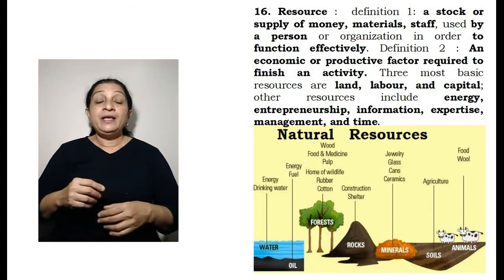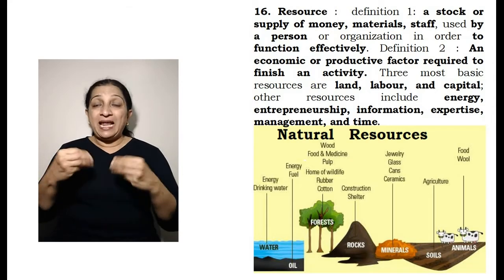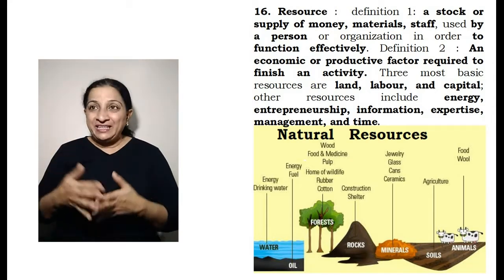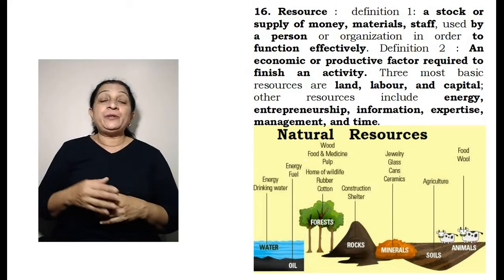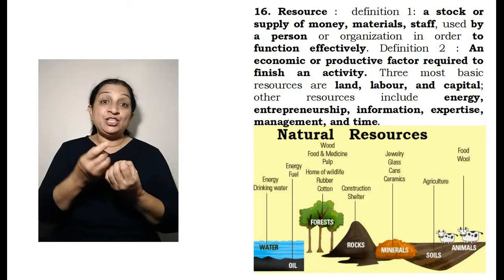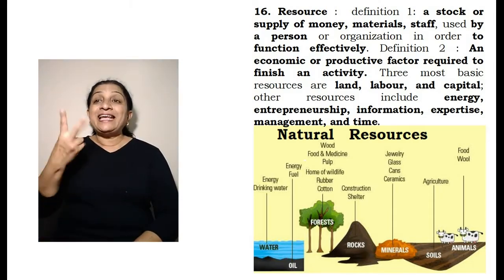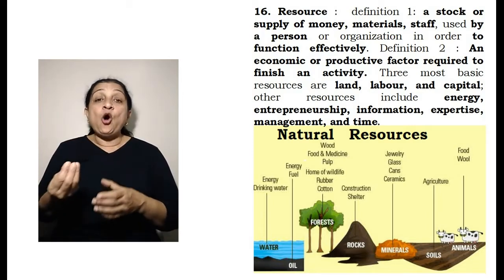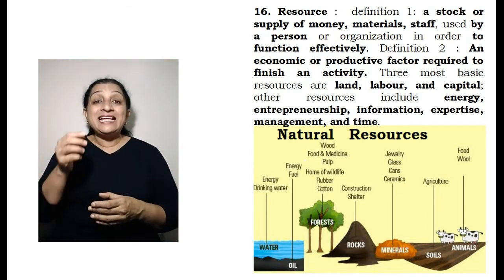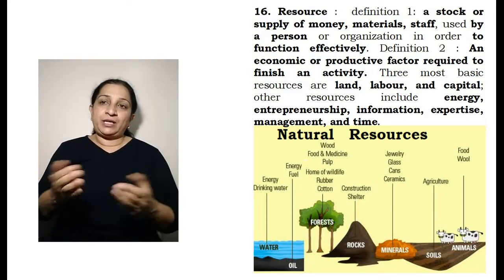Resource. The definition is the supply of money or material or HR, human resources, or a person into an organization so that it works efficiently. The second definition is the thing or resource that is needed to finish and make a product.